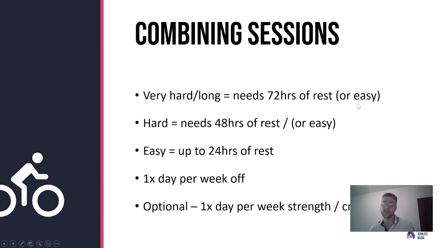Here I put easy because of what I just said. I try to encourage athletes to train 5 or 6 times per week, but within those, only maybe 2 or a maximum of 3 sessions would be key sessions, would be really hard.